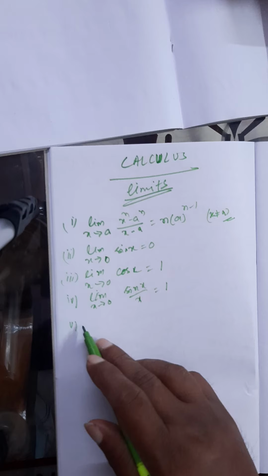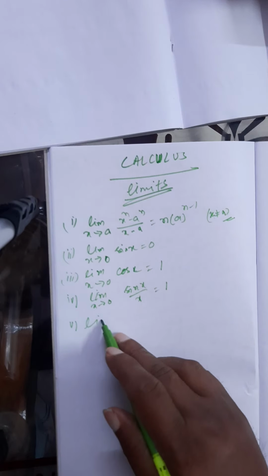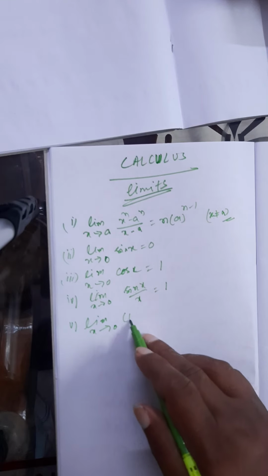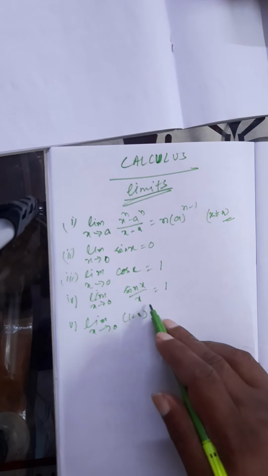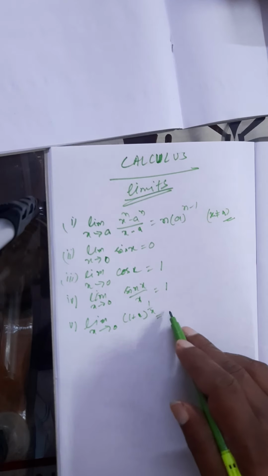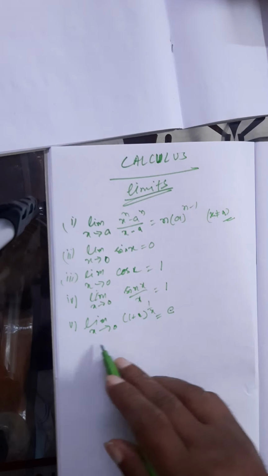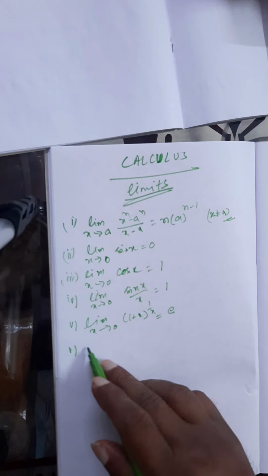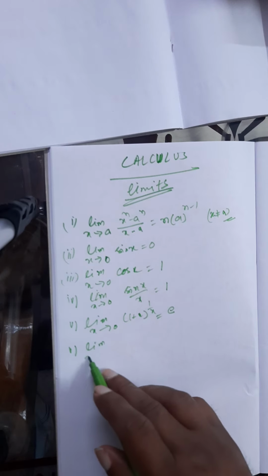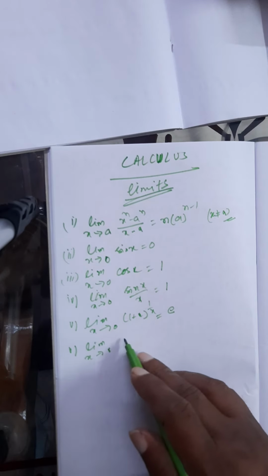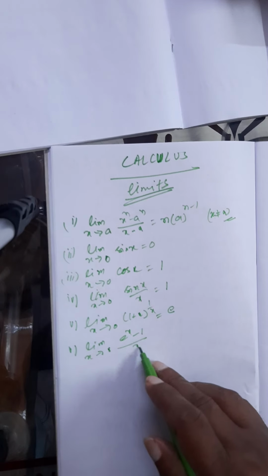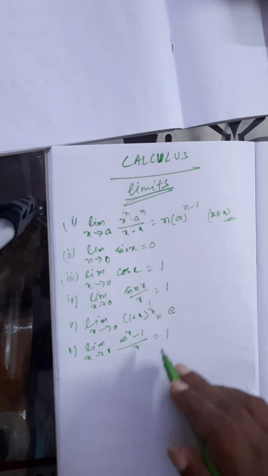Limit x tends to 0, (1 plus x) whole power 1 by x, then this is e. Next formula, limit x tends to 0, (e to the power x minus 1) divided by x, this is equal to 1.